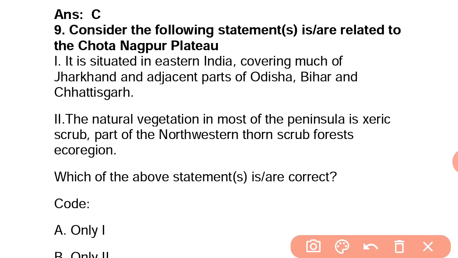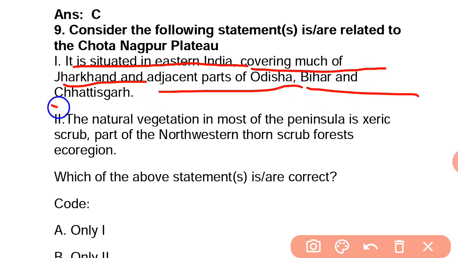Consider the following statements related to the Chota Nagpur Plateau. I. It is situated in eastern India, covering much of Jharkhand and adjacent parts of Odisha, Bihar, and Chhattisgarh. II.